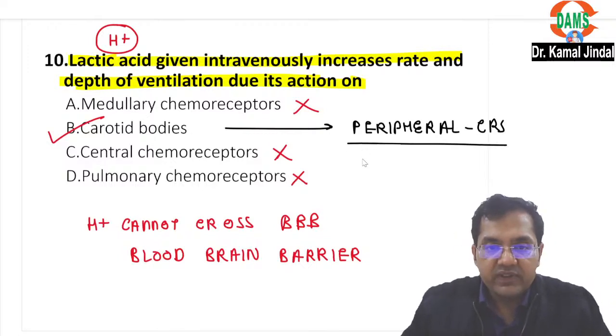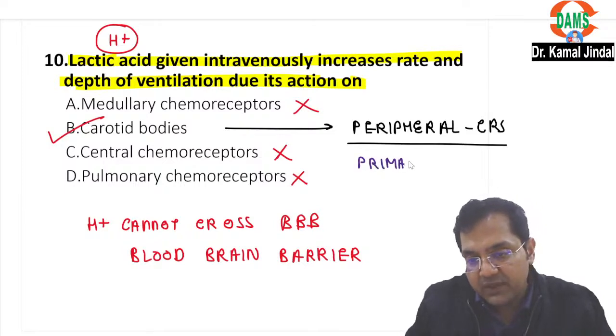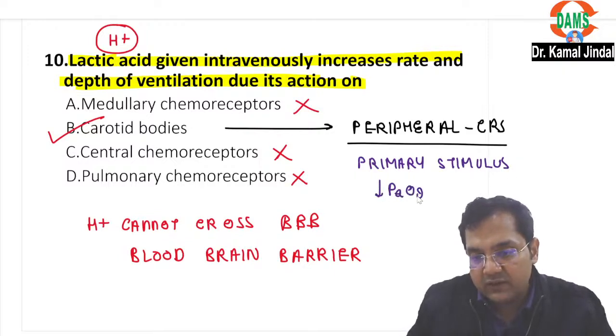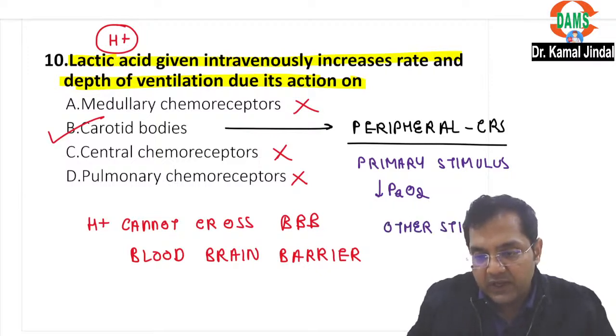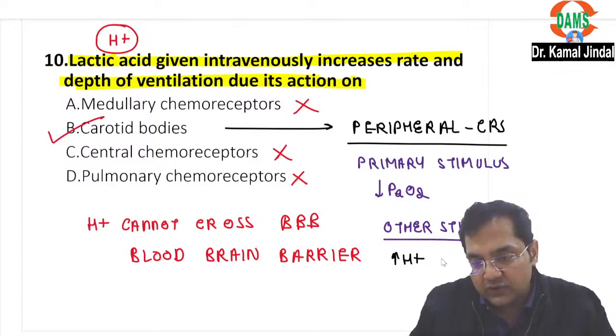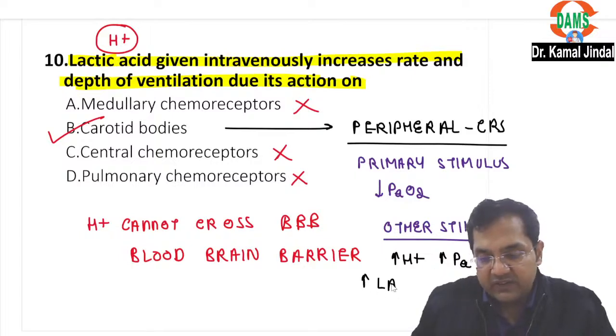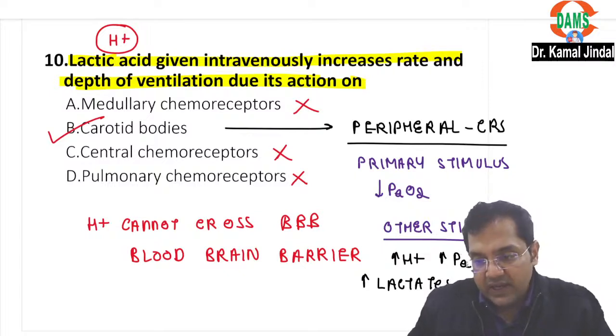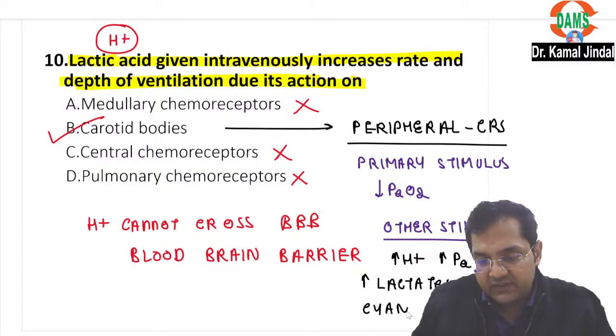Peripheral chemoreceptors, remember always, primary stimulus for carotid and aortic body is always hypoxia, but there are other stimuli which can stimulate peripheral chemoreceptors, such as increased hydrogen ion, increase in PCO2, increase in lactates and potassium ion and cyanides, right?